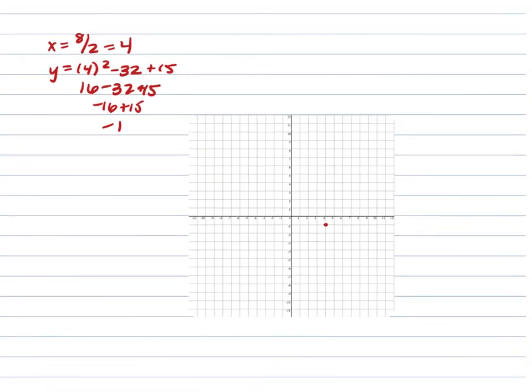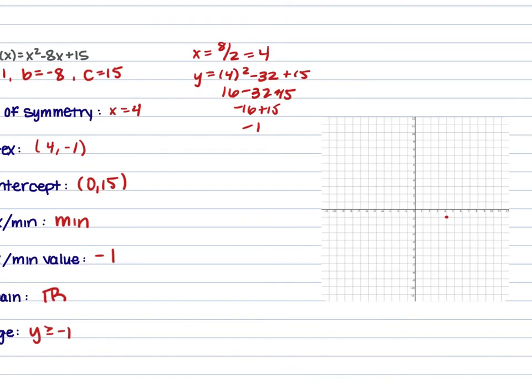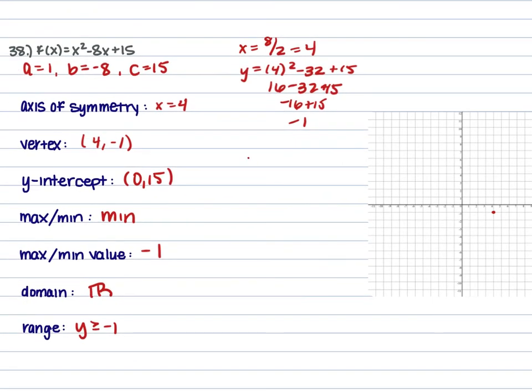So from here, I'm going to plug in 3 and 1. If I choose the 1, I'm going to have 1 squared is 1, minus 8 plus 15. 1 minus 8 is negative 7, plus 15 gives us 8.